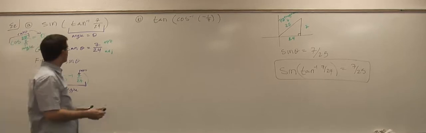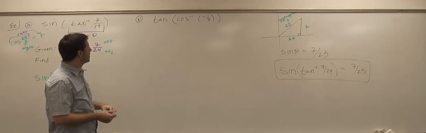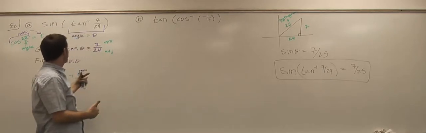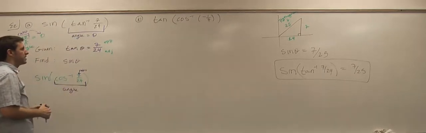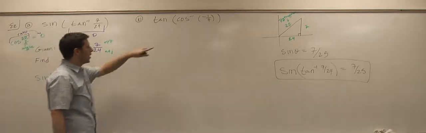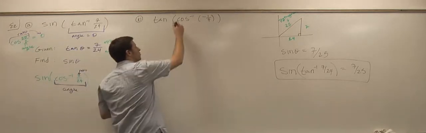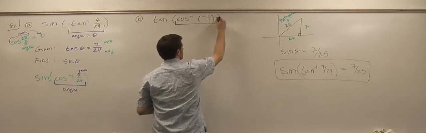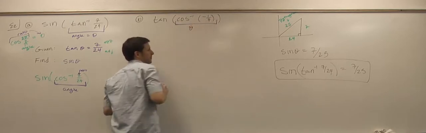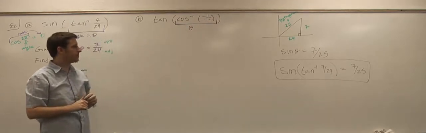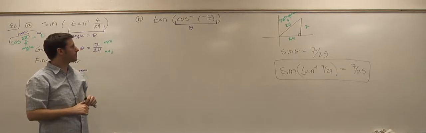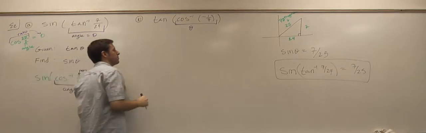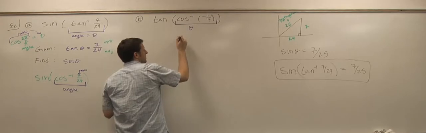So let's see what's the setup here. The first thing you want to do is try to rephrase this problem into something you can tackle. So I'm going to note that this whole cos inverse is an angle, theta. And what equation does it tell me?